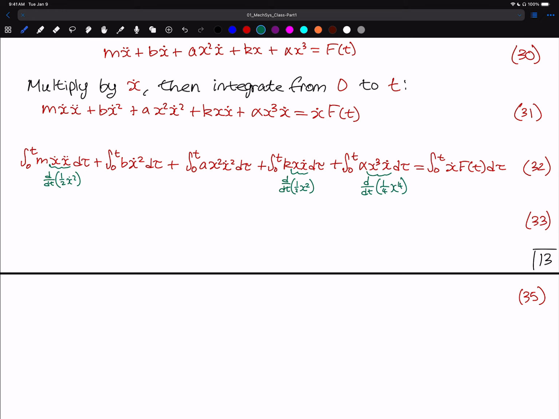By substituting those in, we will be able to apply the fundamental rule of calculus and eliminate the integrals for the three terms that have green underneath them.